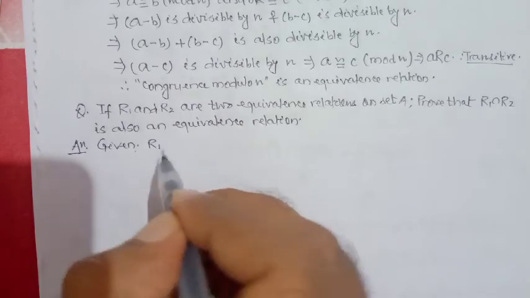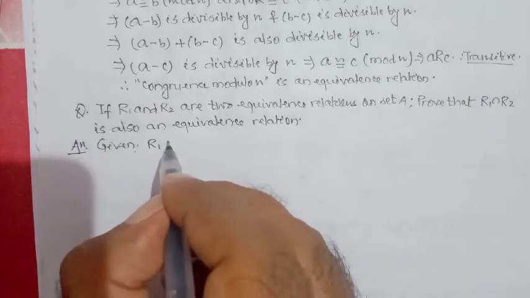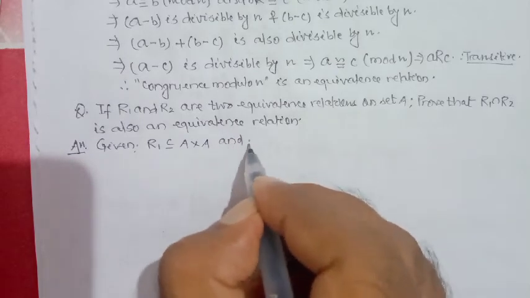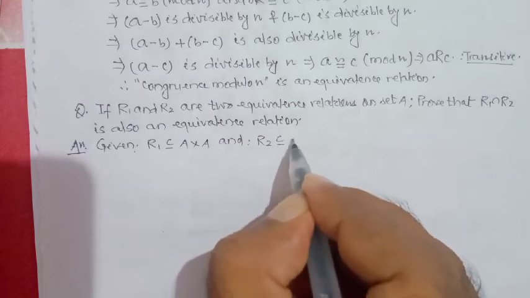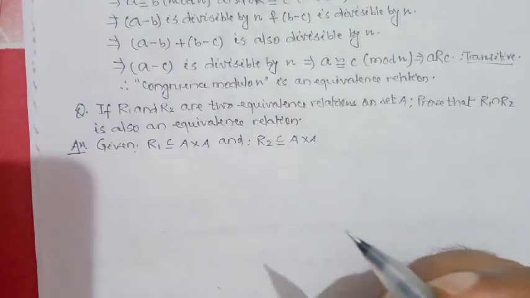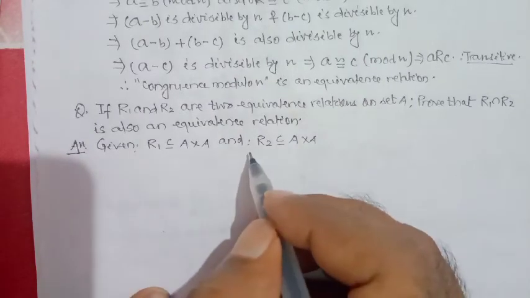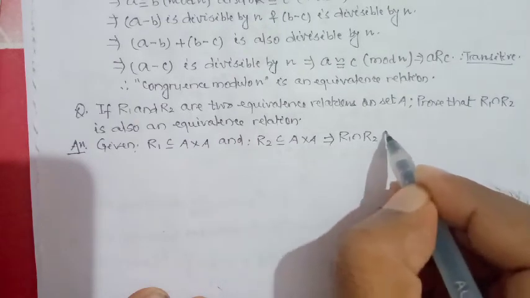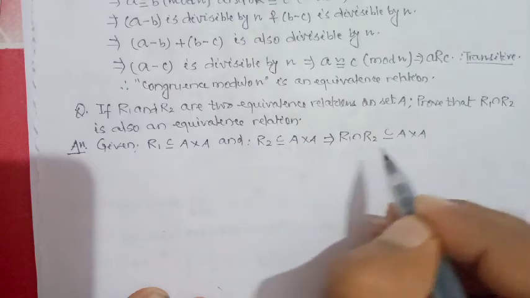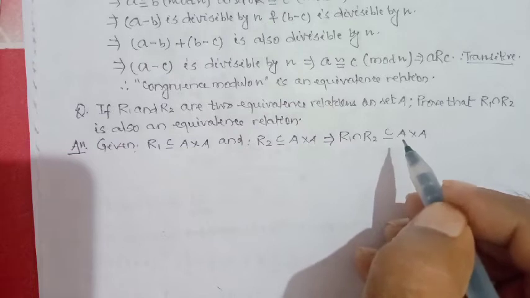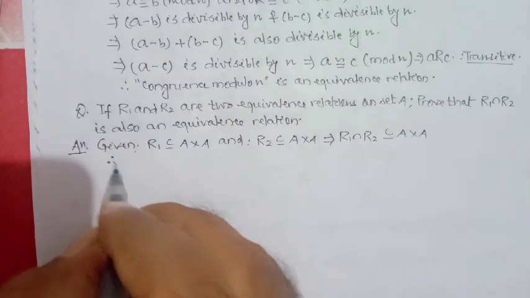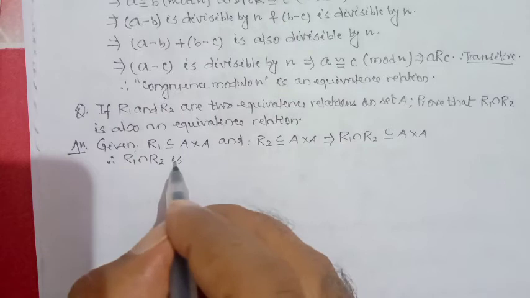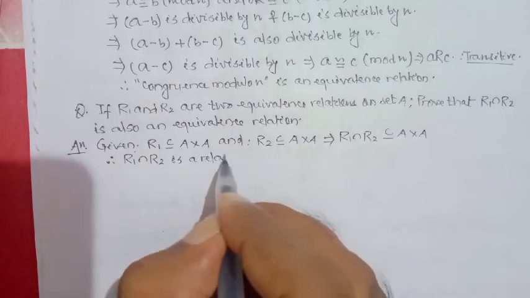R1 is an equivalence relation, so R1 must be a subset of A cross A, and R2 is also a subset of A cross A. So R1 intersection R2 is also a subset of A cross A. It means R1 intersection R2 is a relation.